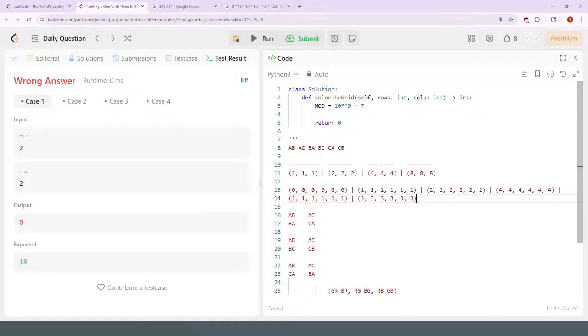If I think about A, B, if I think about this being A, I think about this being AB, then it has to be an A here.